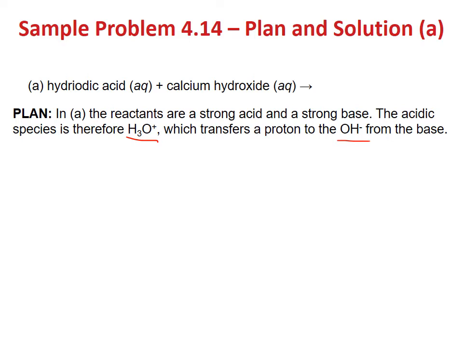So let's write the ionic reaction. Hydriodic acid forms hydrogen ion and iodide. And calcium hydroxide forms calcium ion and hydroxide. Okay, so you need to have two hydroxide to balance the charge of calcium.